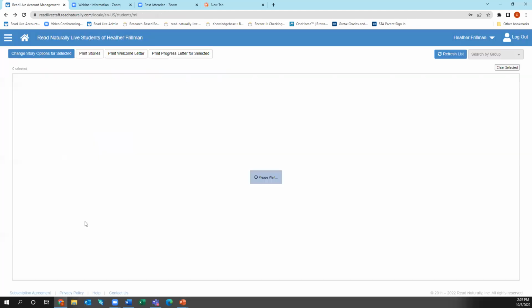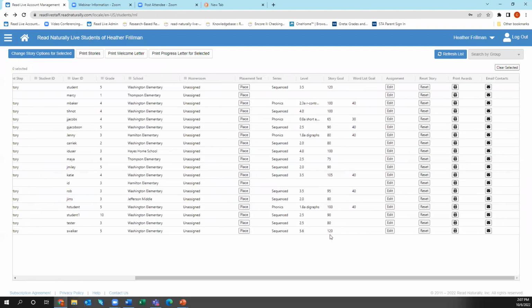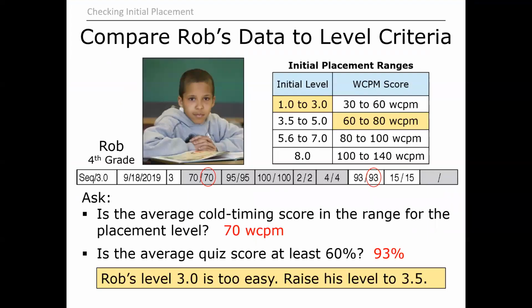I'll click Save and Close. Now the next time Rob logs in, he's going to be presented with 3.5 passages. The nice part is that now you're done with Rob, because you don't need to decide on his goal. You decided to raise his level, so that decision was made for you. You're going to leave his goal the same.